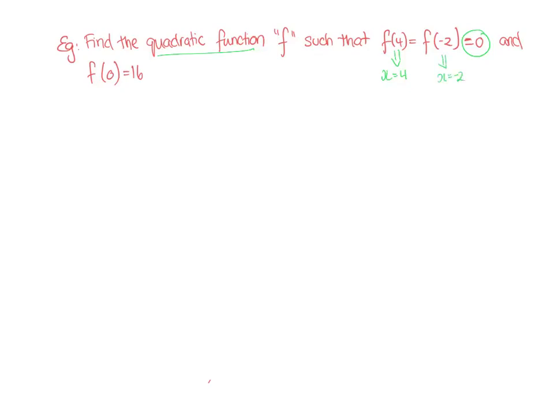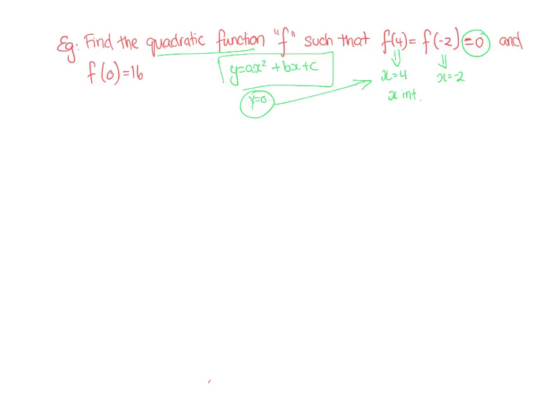So remember, if we have a quadratic, y equals ax squared plus bx plus c, and the function equals 0, we're saying y equals 0 when x is 4 and x is negative 2. So essentially, we have found the x-intercepts there.